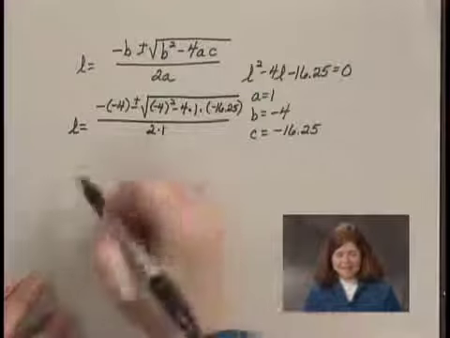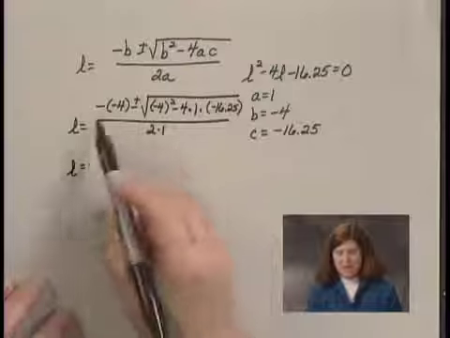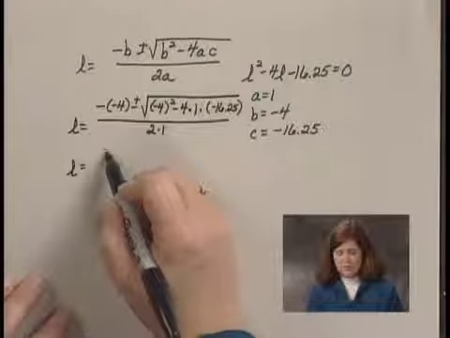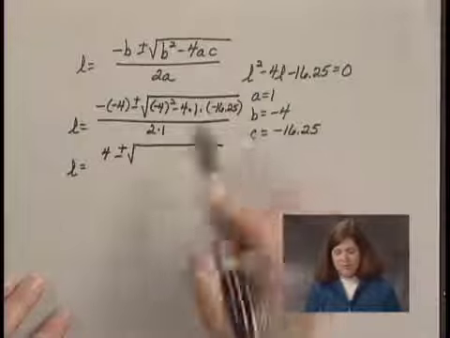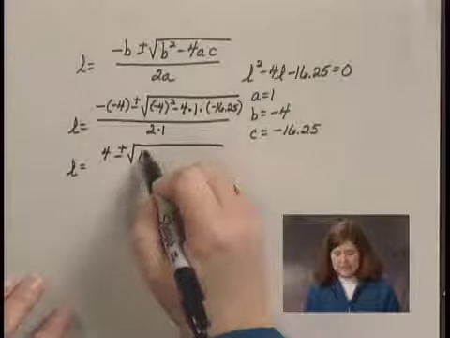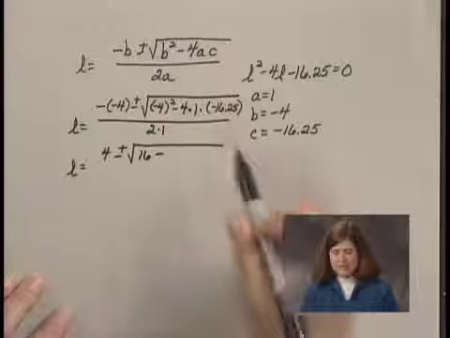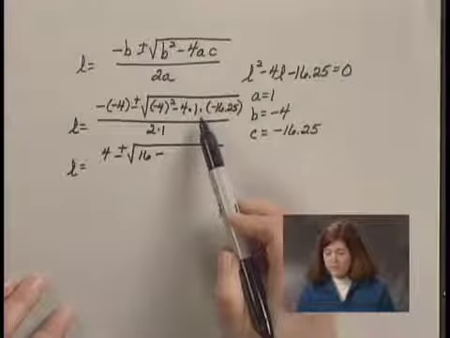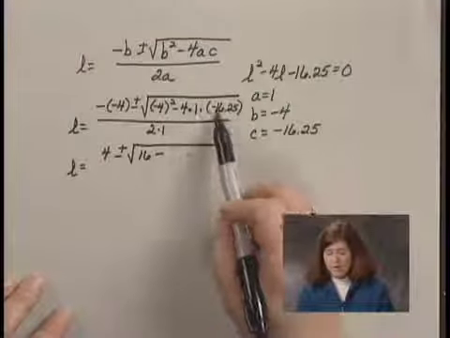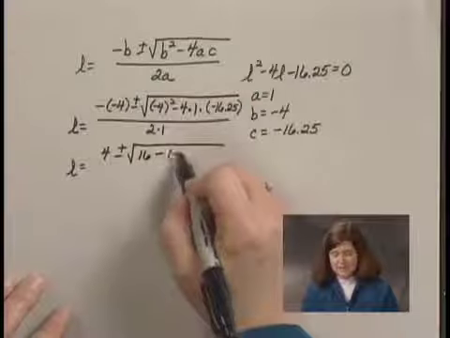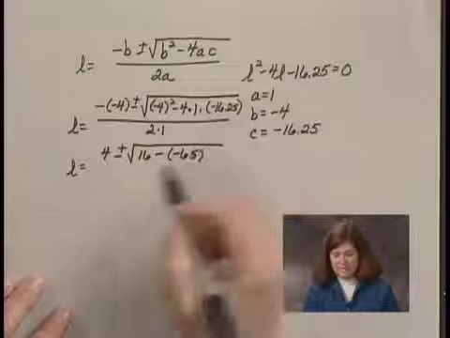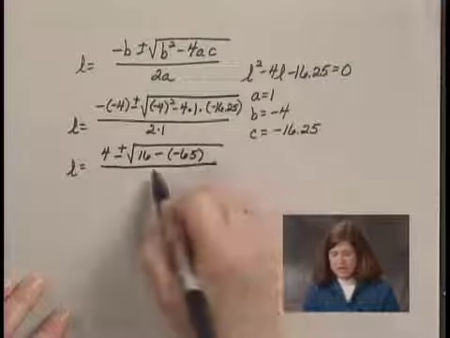Now I need to simplify. So I have L equals the opposite of negative 4 is 4, plus or minus the square root of negative 4 squared is 16, minus 4 times 1 times negative 16.25, which is negative 65. And all that's over 2 times 1, which is 2.